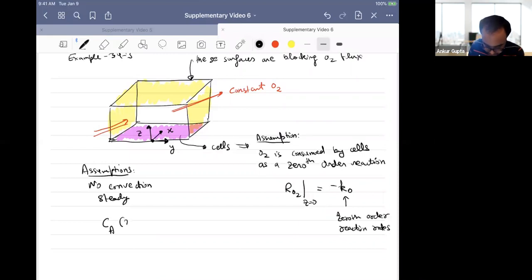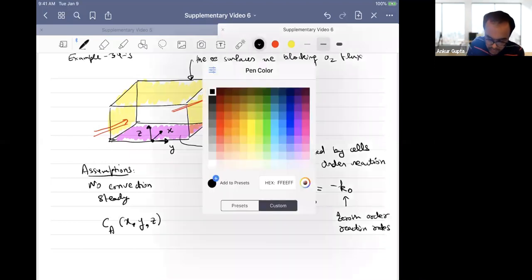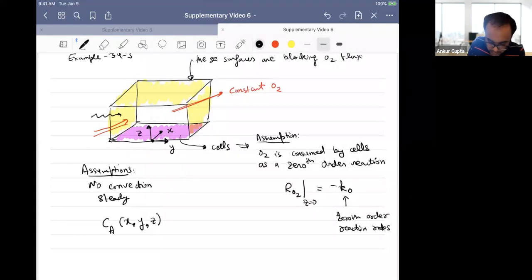So this is CA of x, y, z, right? So we have 3 dimensions. Now, we know that the surfaces in the y direction, this one and this one, the 2 surfaces, are not accepting any flux. So there is no flux here.